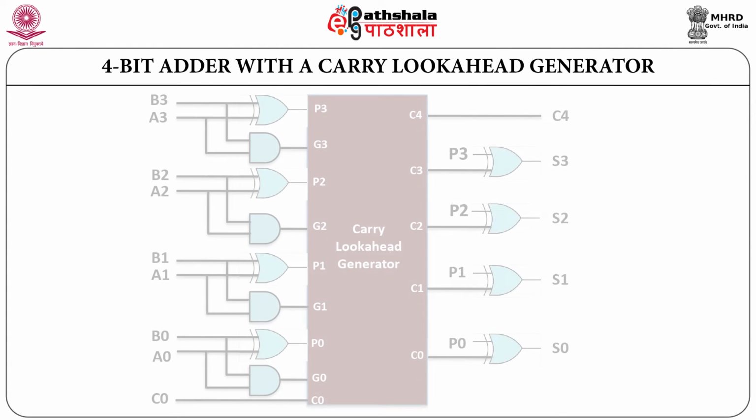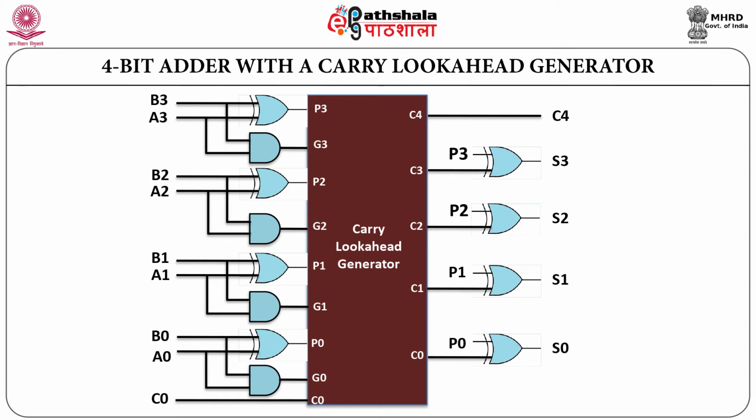So, if you look at this particular block diagram, you will find that it accepts the carry propagated and the carry generated bits which were obtained by using the expressions. These bits are C0, G0, P0, P1, G1, P2 and G2.